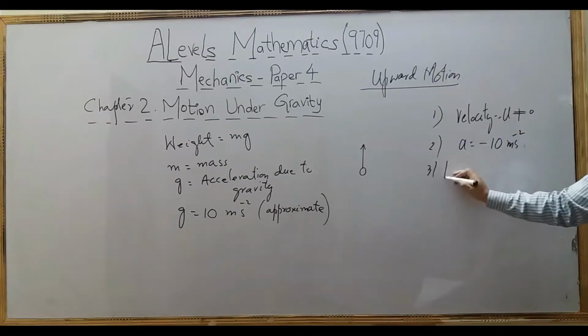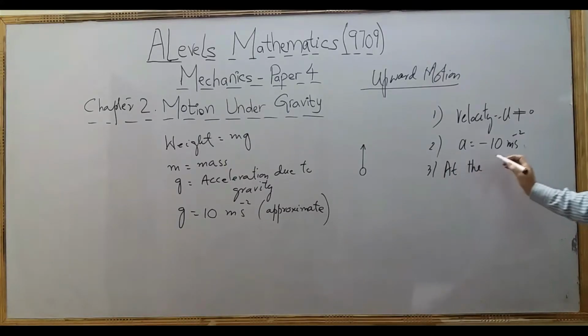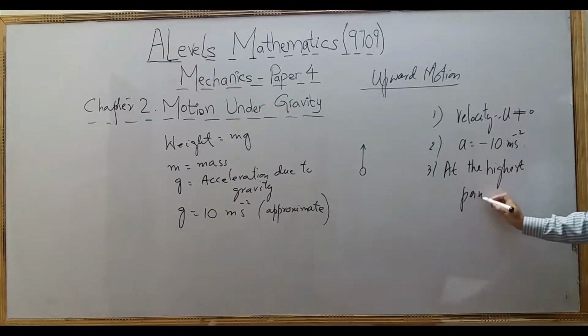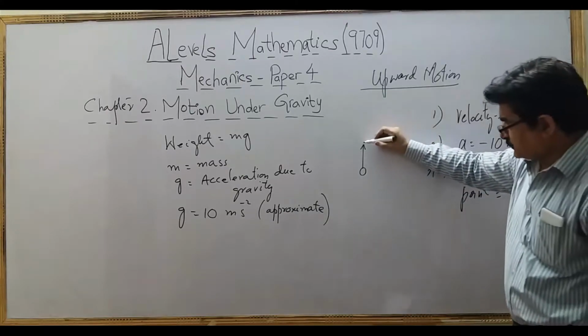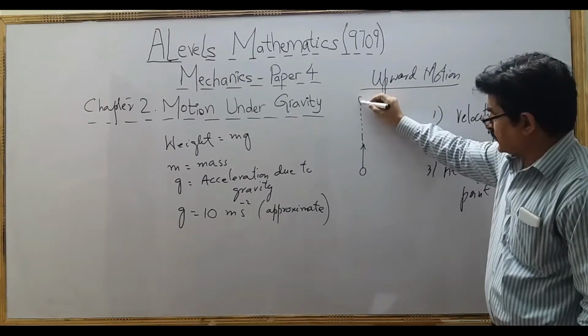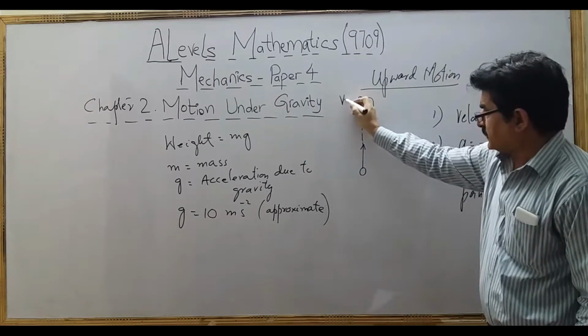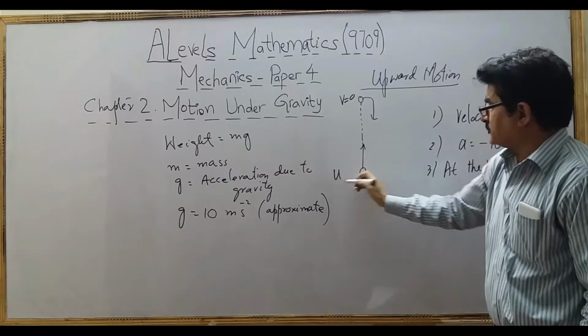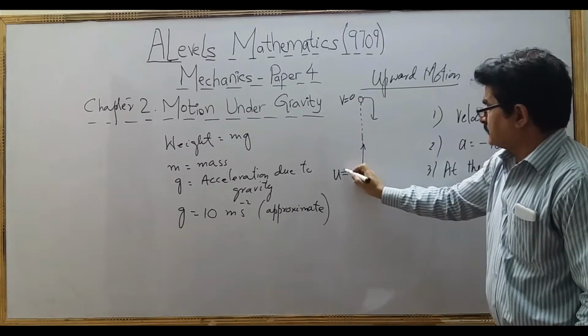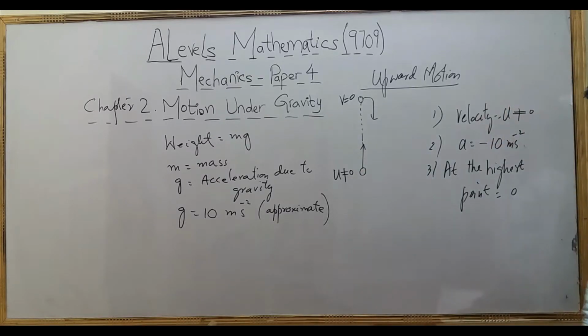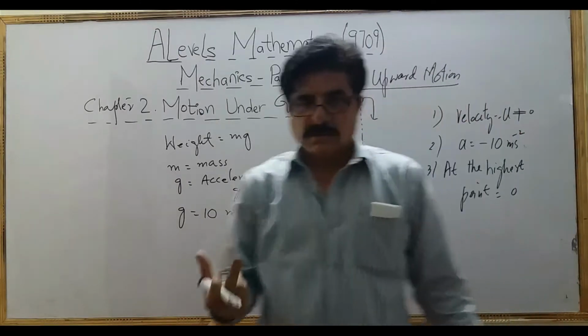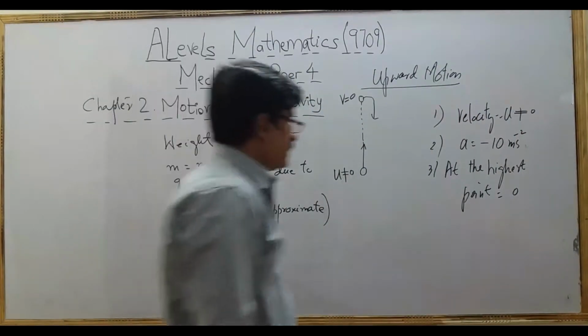And thirdly, at the highest point, when the particle reaches the highest point, its velocity becomes 0. For example, suppose it moves and this is the highest point. From here it takes turn. At this point its velocity is 0, but from the start, this is say ground, this initial velocity is not equal to 0. You have to keep these 3 points in mind while solving the examples and questions.